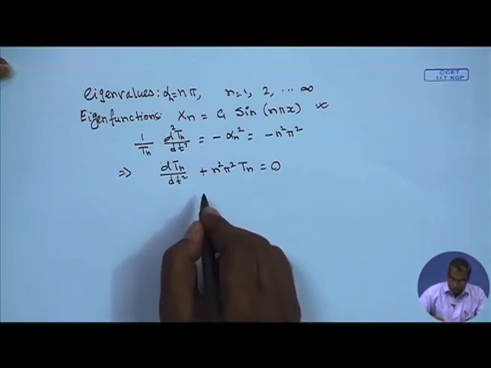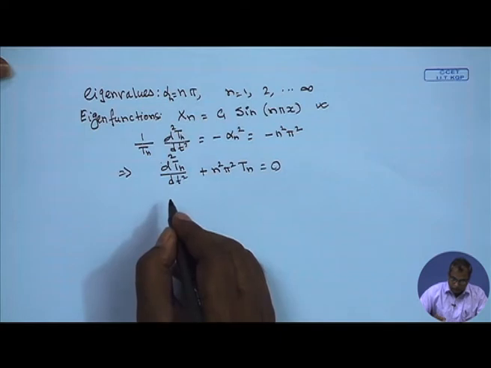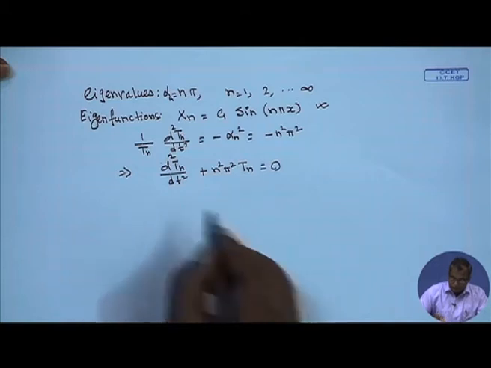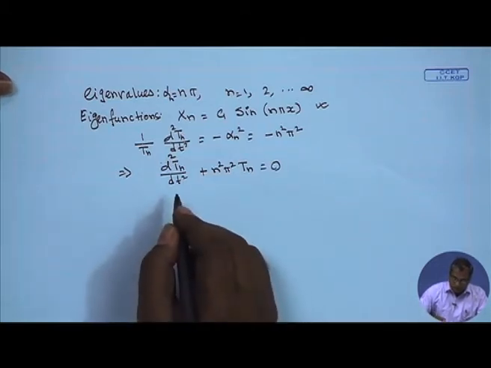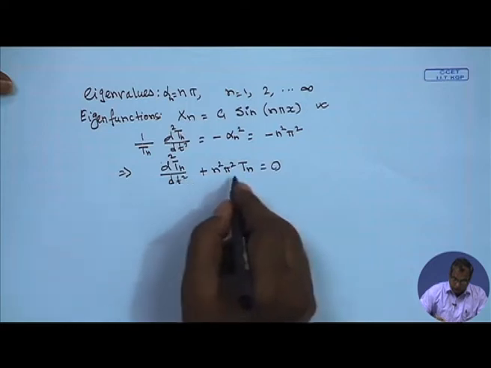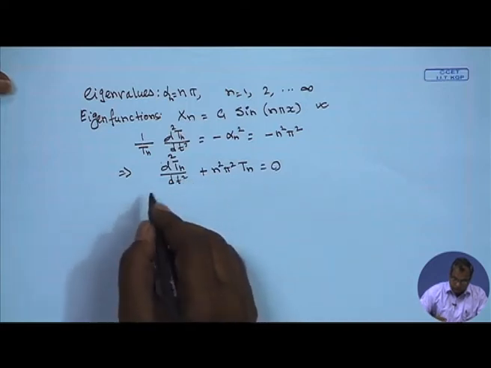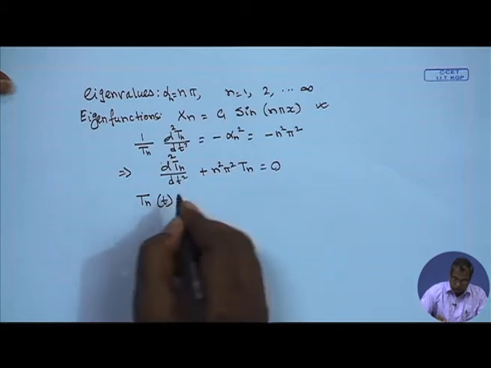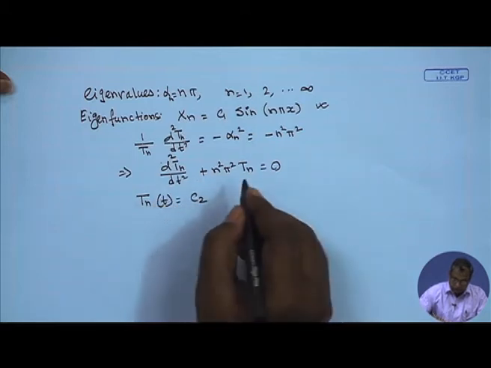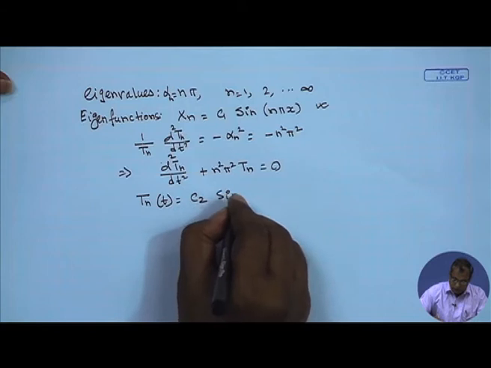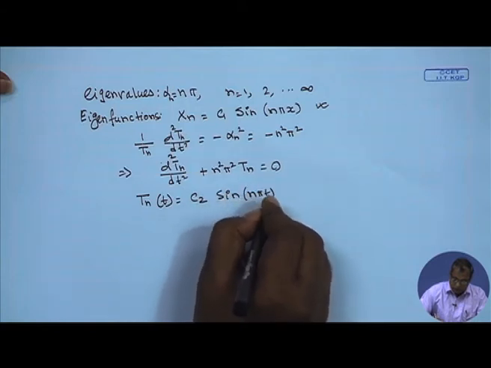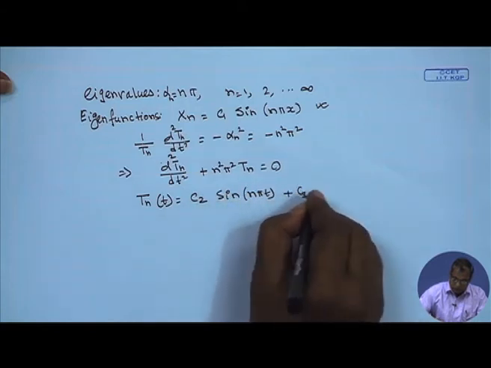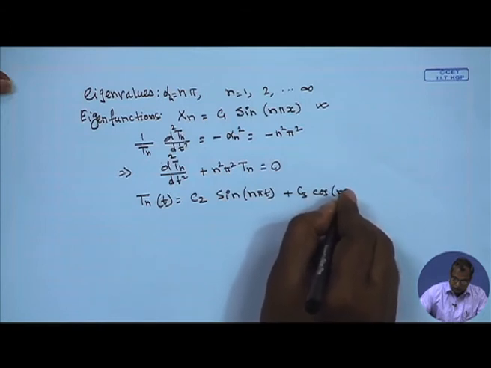As we have seen earlier, the solution of this equation will be a combination of sine and cosine functions. So T n of t will be, let us say, C2 sin n pi t plus C3 cosine n pi t.